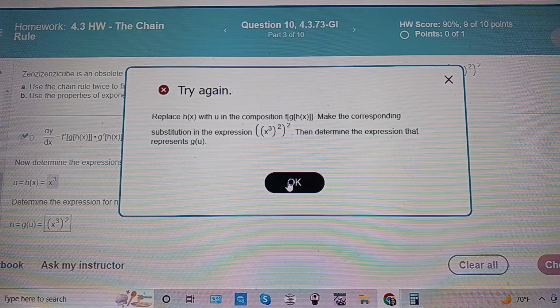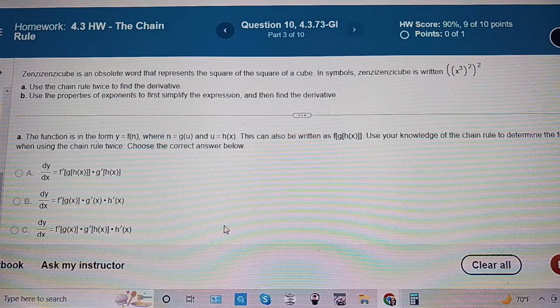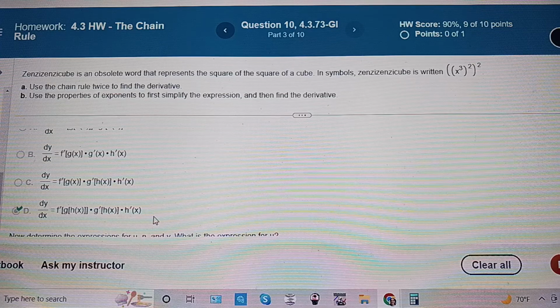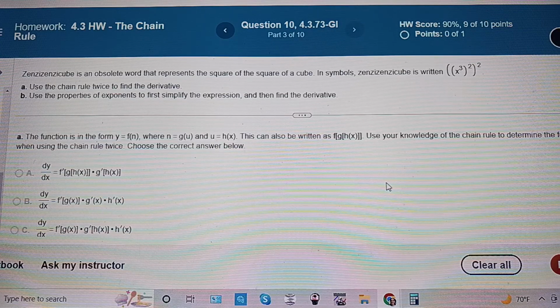Nope, okay. Expression that represents g of u. G is the squared part of the h of x. H of x, g of h of x.